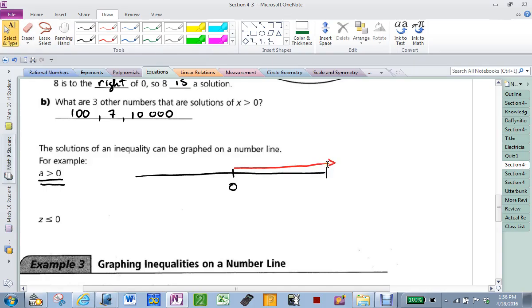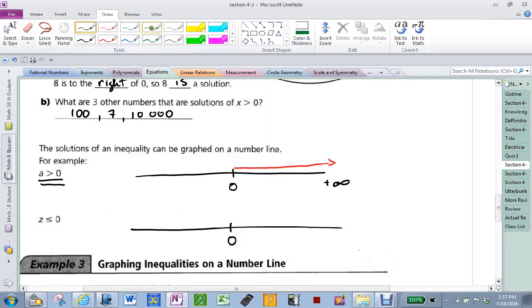Is everyone cool with that? Yes. Up to positive infinity. Is everyone good? Okay. Now, draw me another number line. Put 0 in the middle. Tell me what this means.